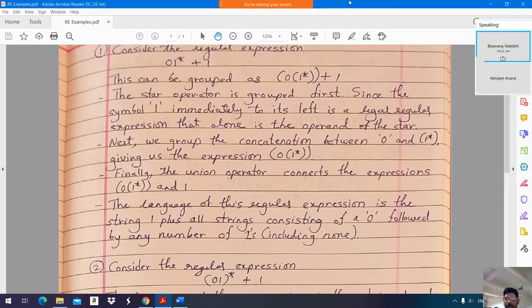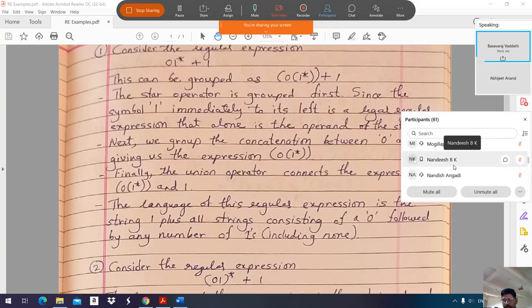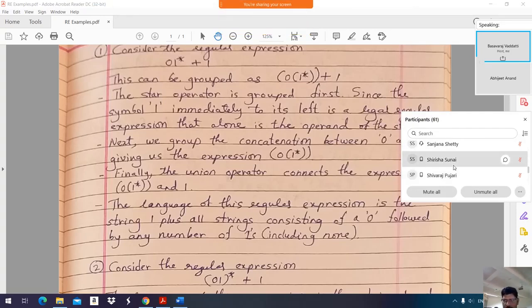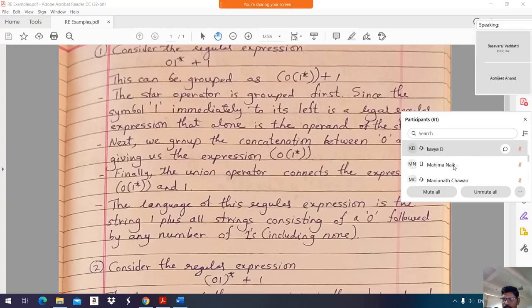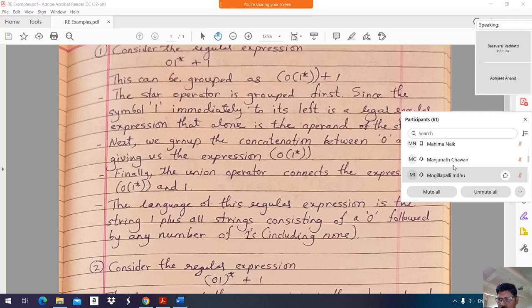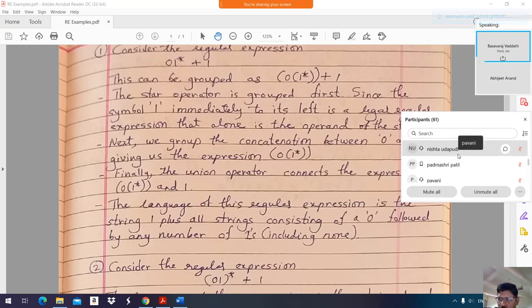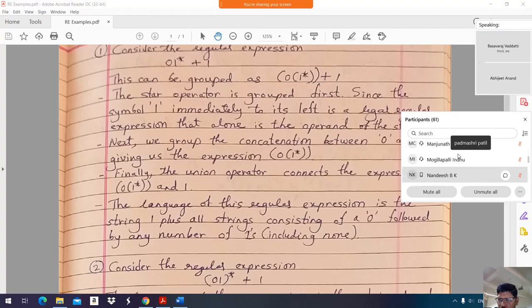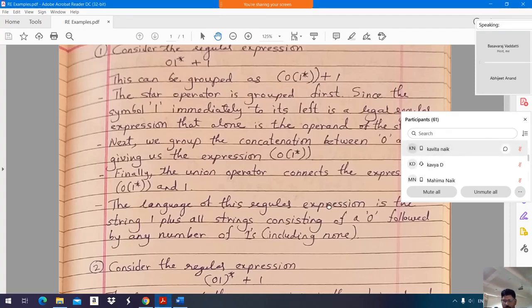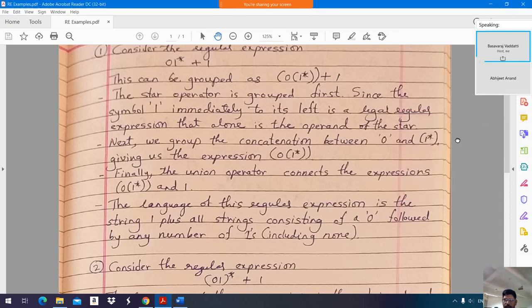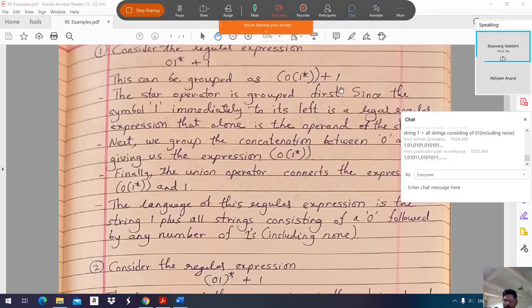Each one of you type the language accepted by this regular expression, the second regular expression I have written. 61 students joined.